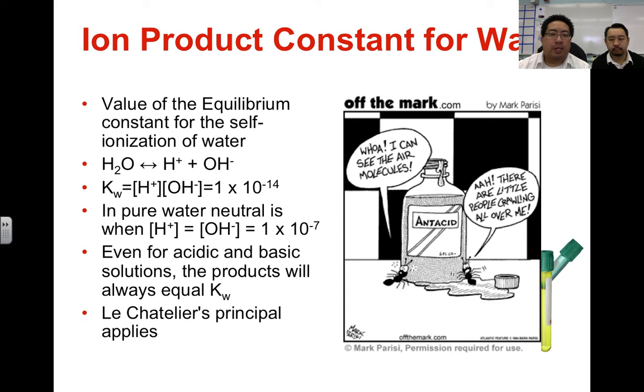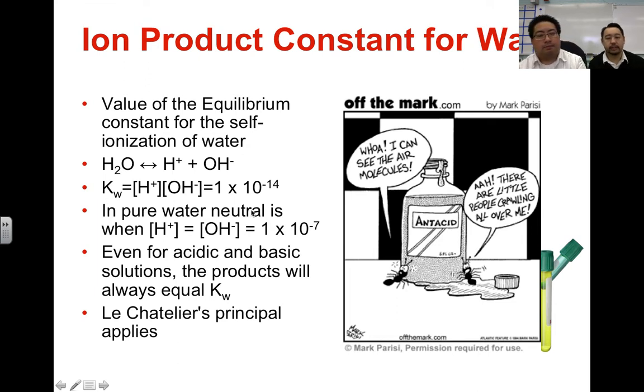Okay, so before we do pH, let's talk a little bit about water itself. Water, as it self-ionizes, we talked about how, in neutral solutions, the hydrogen and hydroxide ion concentrations are equal, and this is because of our equilibrium reaction with water in itself. Because this is an equilibrium reaction, we can write an expression for it, and this is known as Kw because it's specific for water.